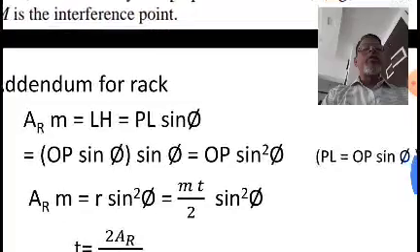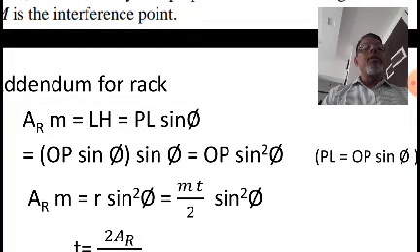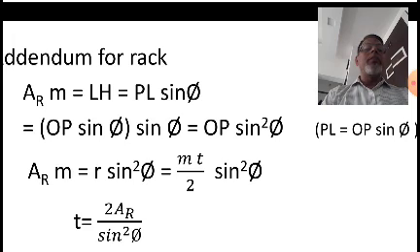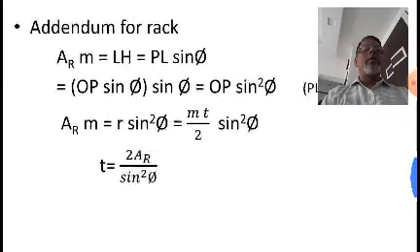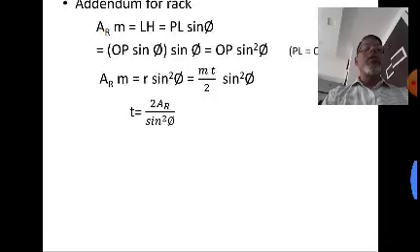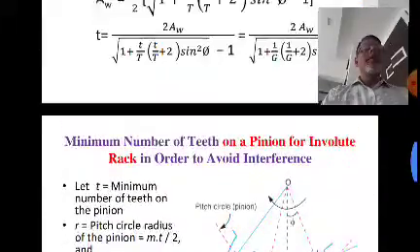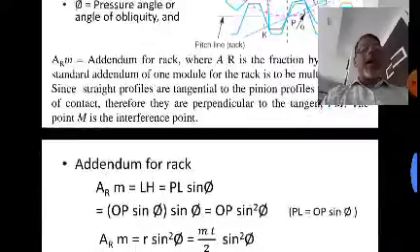Therefore this a suffix r into m is equal to OP sine phi into sine phi, so OP sine square phi, that becomes small r sine square phi, and small r means m into small t divided by 2. The m and the 2 get cancelled. So small t, the minimum teeth on the pinion, is equal to 2 times a suffix r divided by sine square phi. So this is the minimum number of teeth required to avoid interference on the pinion for the rack.